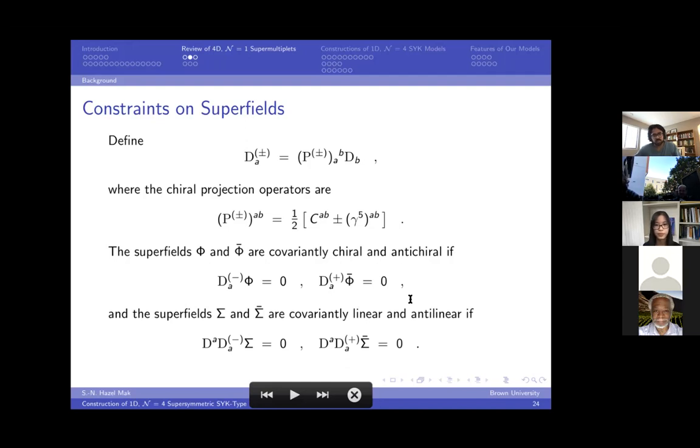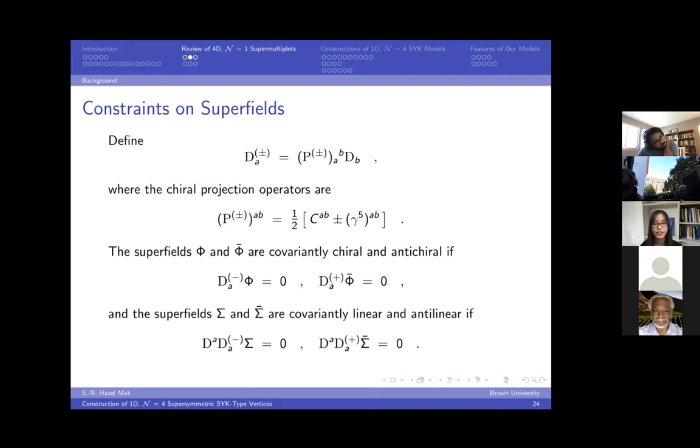Mm-hmm. So I don't know if you use 2 component spinners. You have experience with 2 component spinners? Yeah. No. Okay. And then you know that you can contract them with the epsilon symbol? Yeah, yeah. This is the analog of that for 4 component spinners. Oh, okay. I see. So it's some like bilinear invariant of the. That's correct. Okay. All right, thank you. Thank you, Jim, for that No, explanation. no problem. Thank you. Sorry to interrupt. Oh, that's fine. That's totally fine.